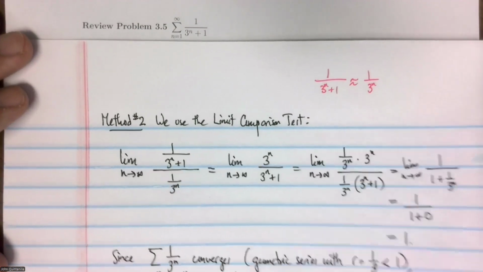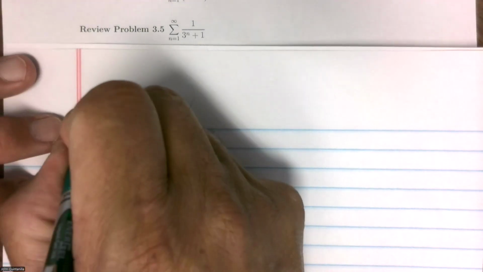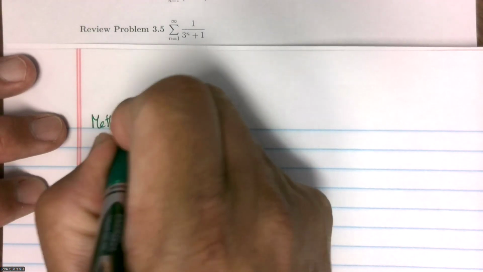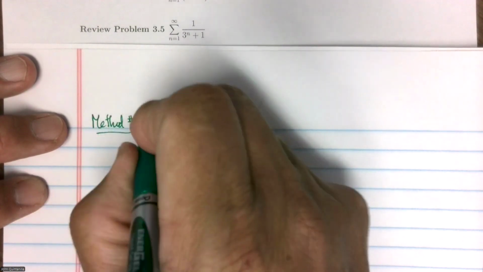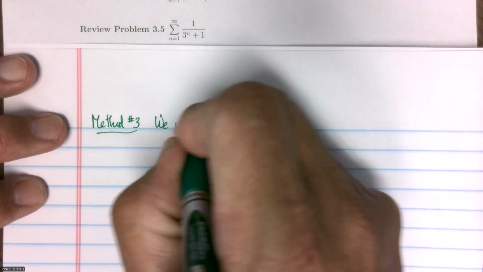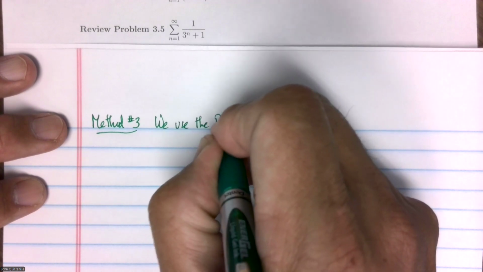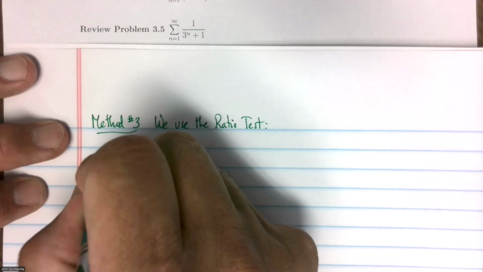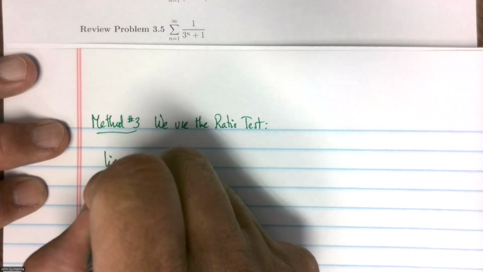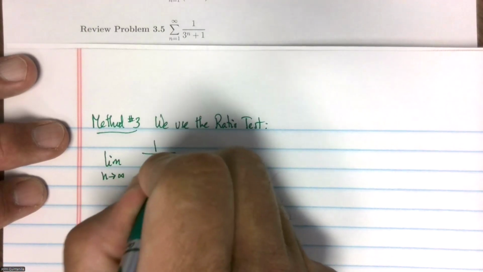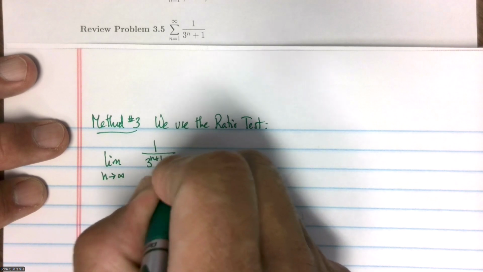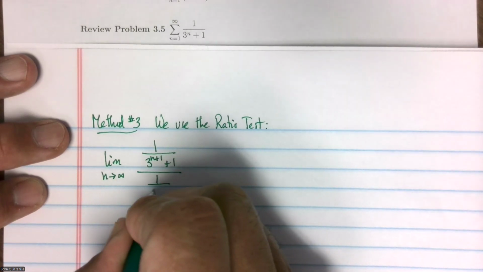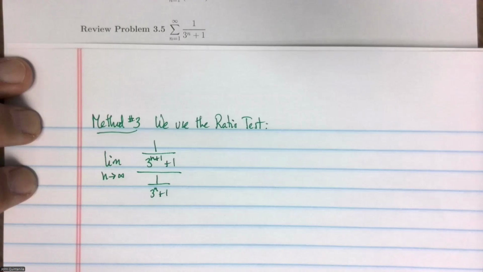A third way of solving this problem, which is completely acceptable as well, is using the ratio test. So method number 3, we use the ratio test. So let's take the limit as n goes to infinity of 1 over 3 to the n plus 1 plus 1, over 1 over 3 to the n plus 1.